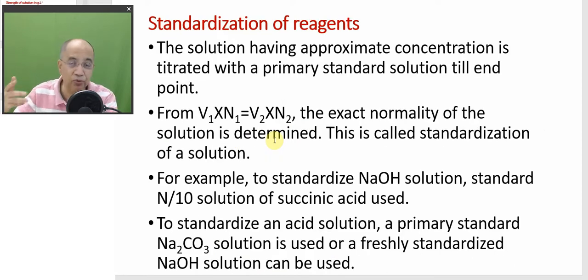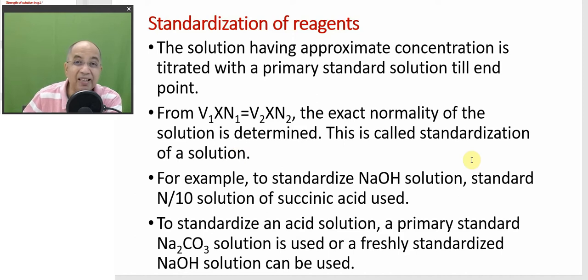Now, before I tell you what the primary standards are for acid-base titration and redox titration, let me tell you how standardization of reagents is done. The solution having approximate concentration is titrated with the help of a titration experiment. That solution is titrated with a primary standard solution till the end point. Then V1N1 = V2N2 is applied to find out the exact normality of the solution.